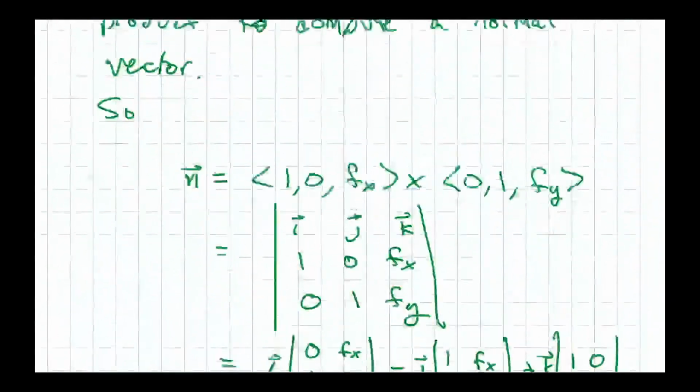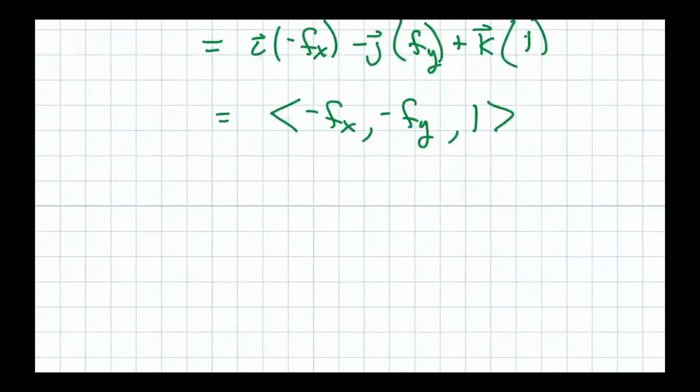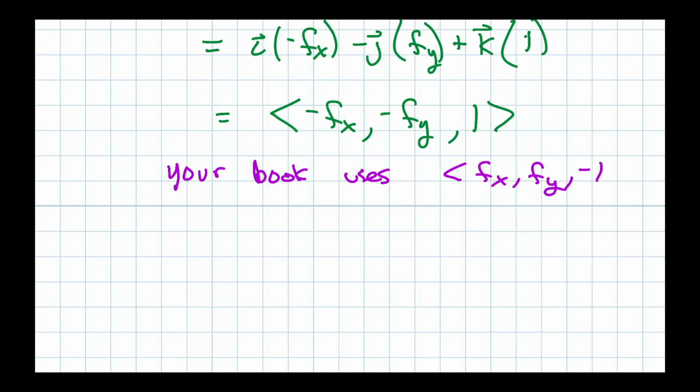So we've got this vector here, but the book happens to use the opposite direction vector in their formula. And the reason they do that is so that they don't have these minuses here. So your book uses fx, fy, -1 instead. And there is a reason for wanting the signs that way. We'll use what they use just to keep it nice.